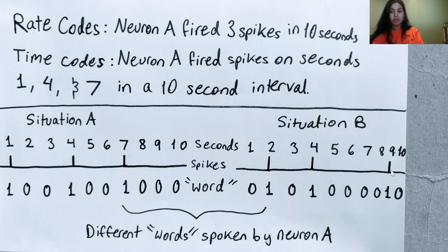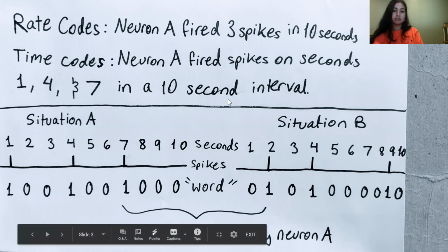And then we can rewrite these time intervals into words, in a sense, that the neuron speaks using ones and zeros to digitize them. So 1 will mean that yes, the neuron spiked in a time bin, and 0 will mean no, it did not spike in a time bin.